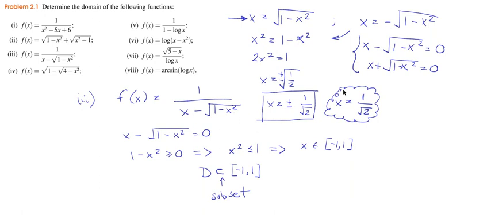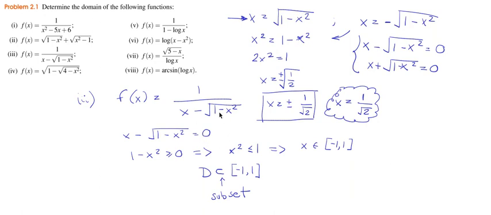Okay, so now we know that this belongs to this, sorry, it's contained in this interval without this point. This is the only point that makes this equation be 0. If you don't believe me, you can substitute x equals minus 1 over the square root of 2 in here, and you will see.